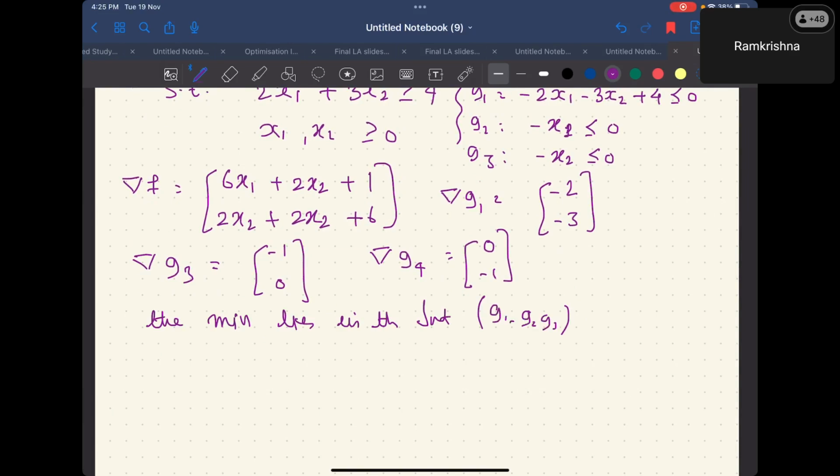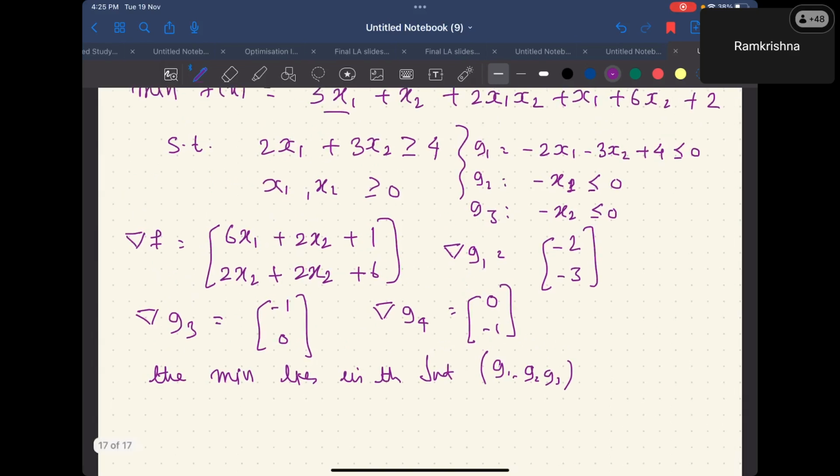For example, if I were to quickly draw those constraint sets: x1 is greater than 0, which means I'm looking at this region. X2 is greater than 0 is this region. 2x1 plus 3x2 is greater than or equal to 4. How will this look?